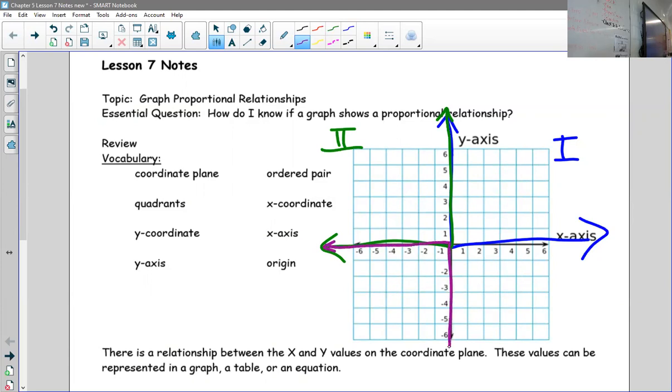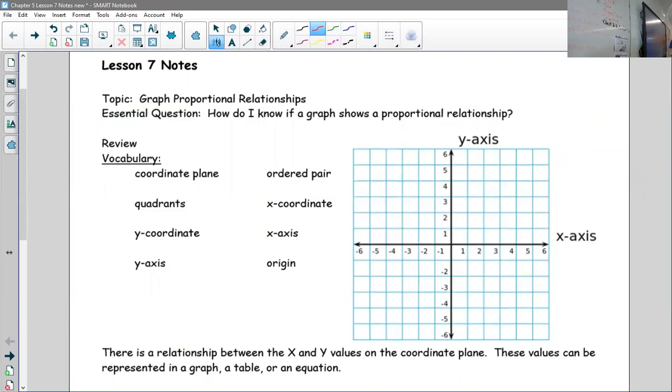Quadrant number 3 is outlined in the purple. It's always negative. And quadrant number 4 is outlined in red with a positive x and a negative y. All right, I'm going to clear that off because it's a little bit messy.